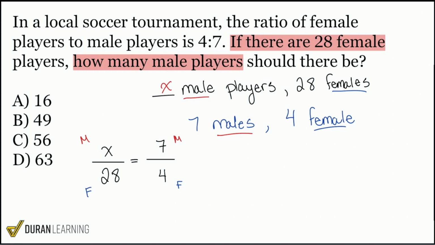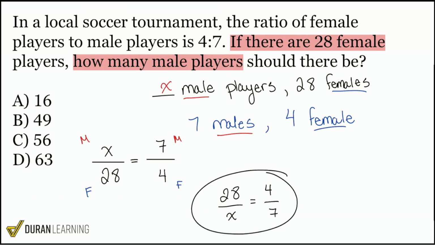Oh, Vanessa, let me just answer that question. Vanessa asked, hey, shouldn't the 28 be up top? Again, we could absolutely do it that way. This is a correct setup. And also this over here, if we did 28 over x equals 4 over 7, this is also correct. That is also correct.